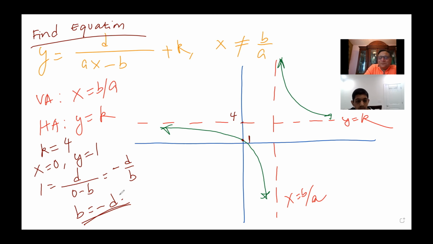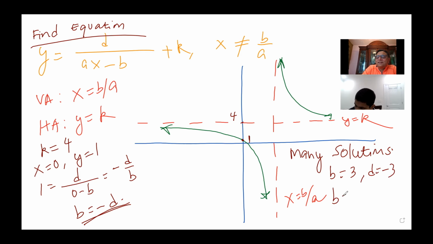So that means there are many solutions. Is that okay? Yeah. How? If B, let us say, is 3, then D is minus 3. If B is 1, then D is minus 1. And if B is minus 2, then D is 2. Likewise, there could be hundreds of values. They will give you almost the same graph with the given parameters. You see that. Yeah.